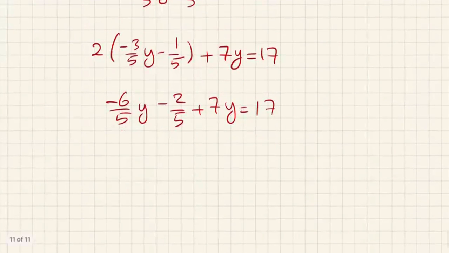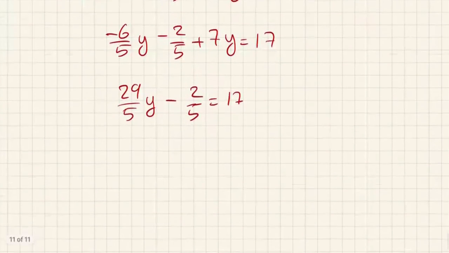So now negative 6 over 5 y and 7y. Do it by the calculator: 7 minus 6 over 5, you will get 29 over 5 y, minus 2 over 5 equals 17.